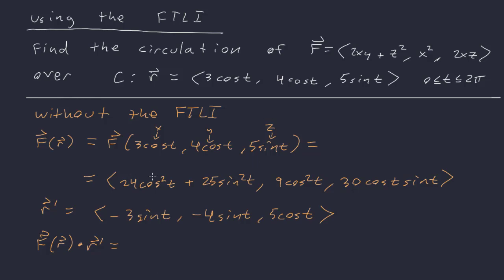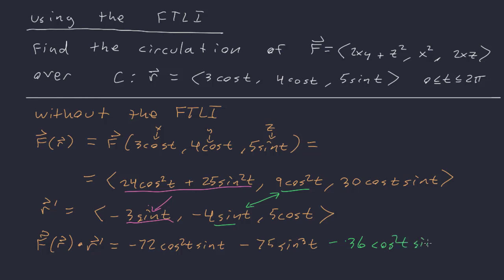So we'll have the 3 sine t times 24 cosine squared t, so it'll be negative 72 cosine squared t sine t. Then, just so we're clear, these two are multiplying together, so then it will be negative 75 sine cubed t. Then we multiply these two together, so that's going to be negative 36 cosine squared t sine t.